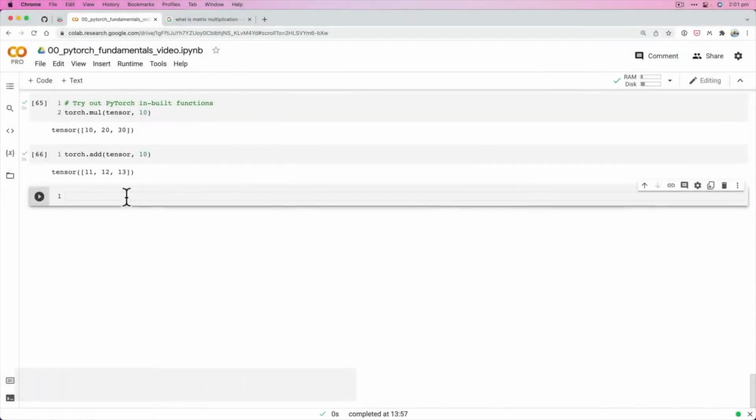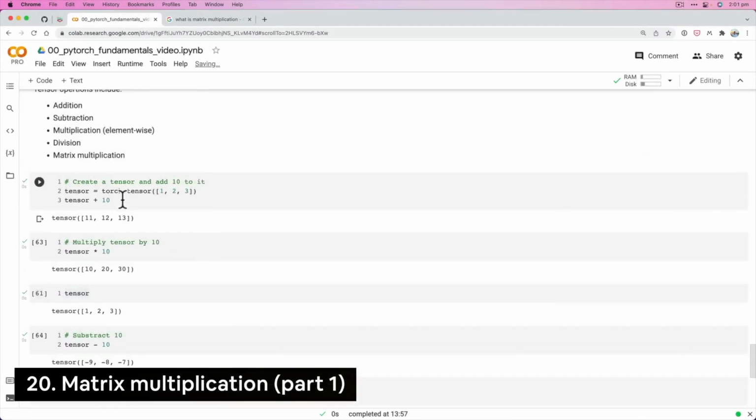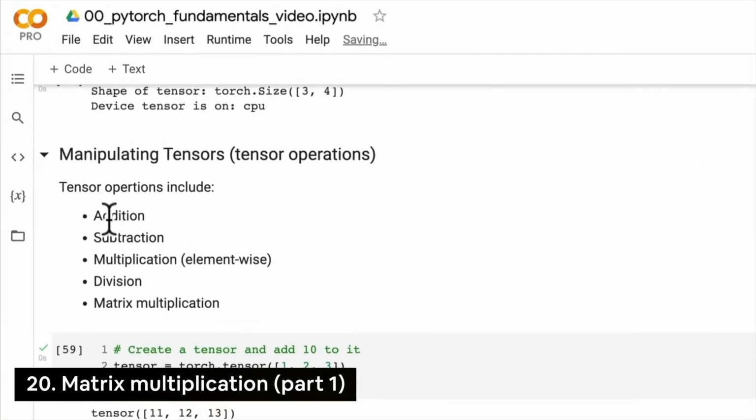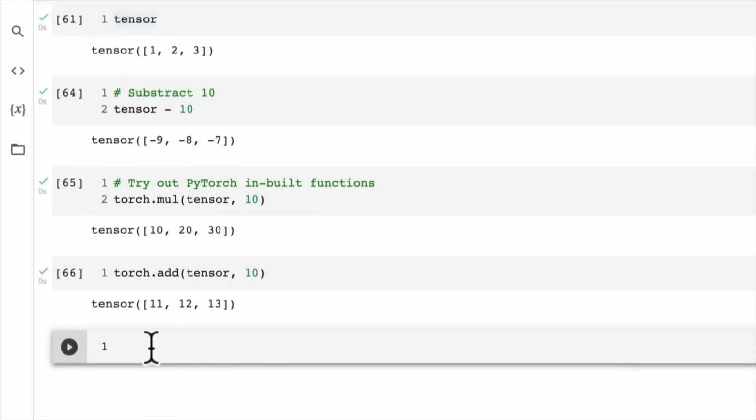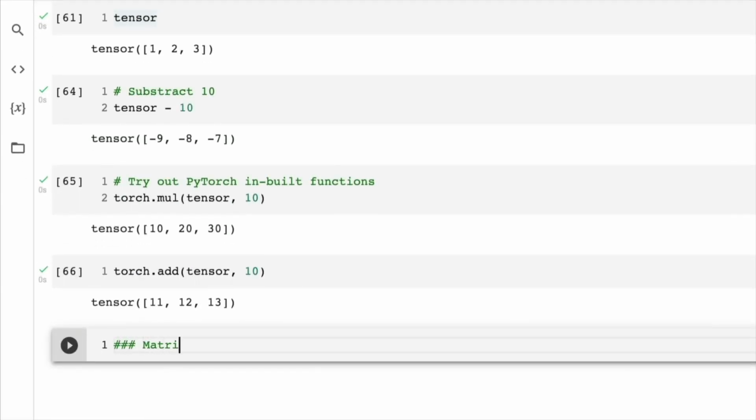Welcome back. In the last video, we discussed some basic tensor operations, such as addition, subtraction, multiplication, element-wise, division, and matrix multiplication, but we didn't actually go through what matrix multiplication is, so now let's start on that, more particularly discussing the difference between element-wise and matrix multiplication. So we'll come down here, let's write another heading, matrix multiplication.